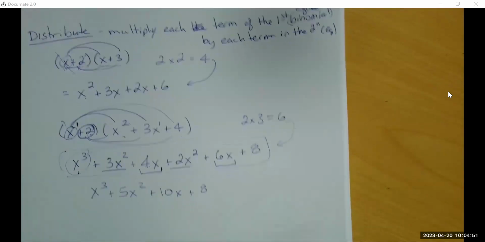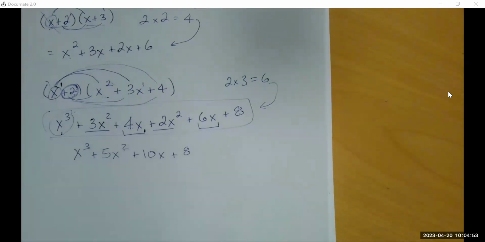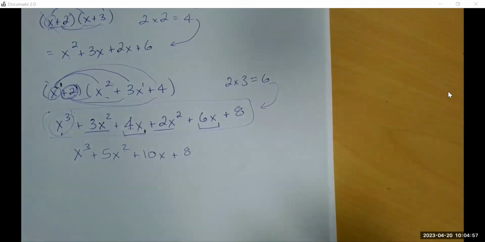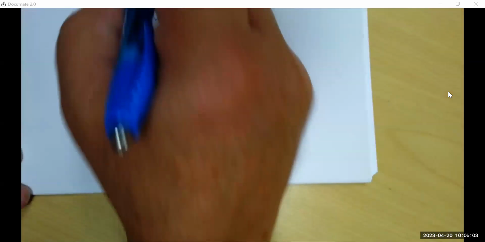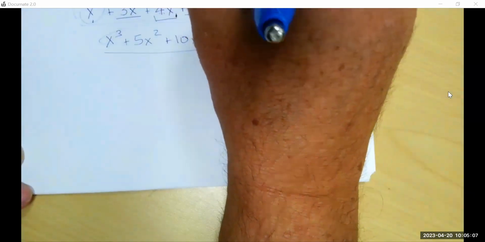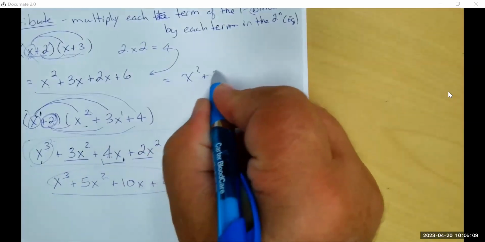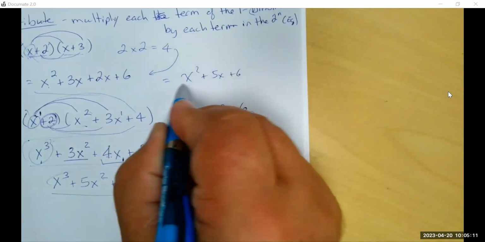All right, so that's where we get binomials or polynomials. We never finished that one. This is x squared plus 5x plus 6.